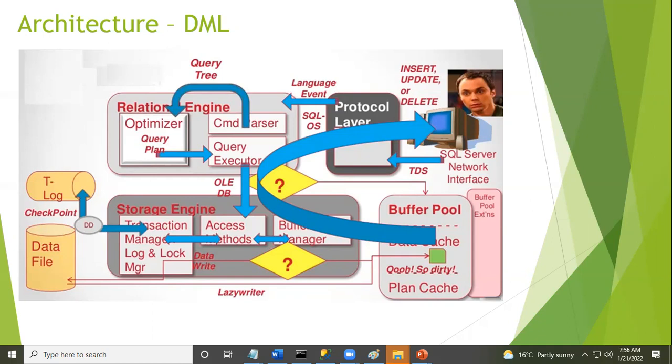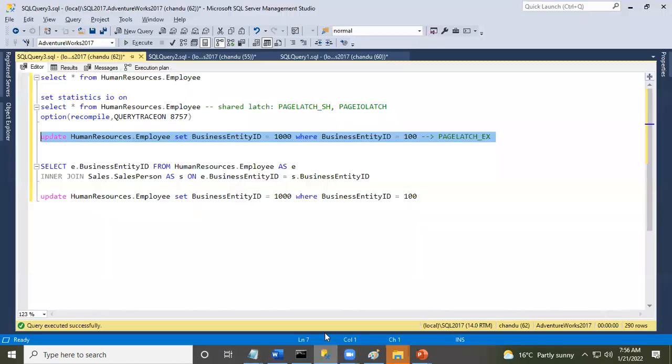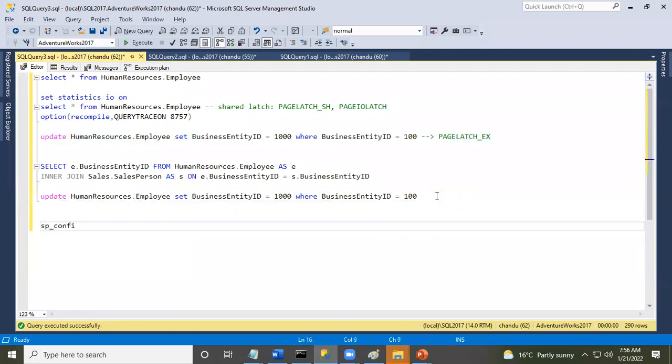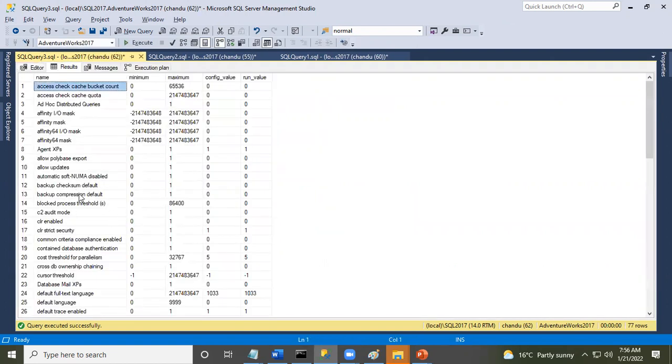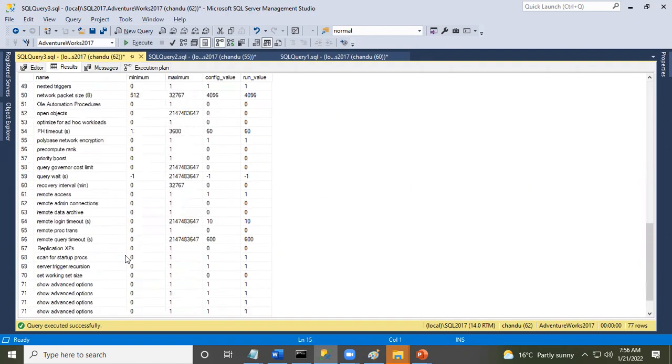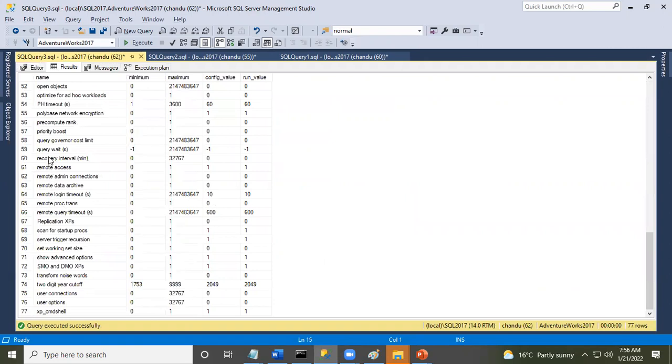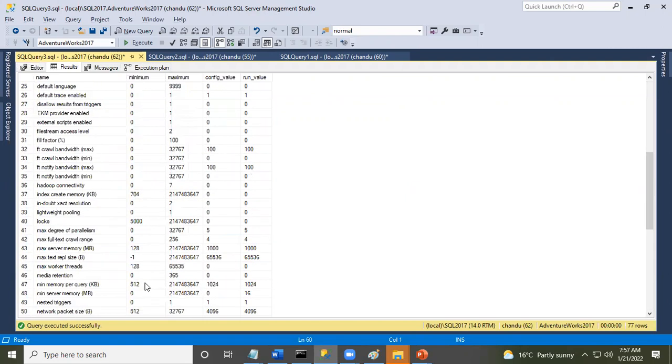Indirect checkpoint is the target recovery time, which is also set with sp_configure. I'll show you: sp_configure is an advanced option. The recovery interval is the automatic checkpoint.